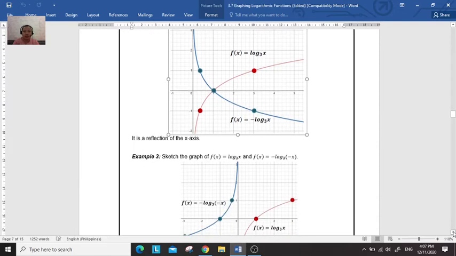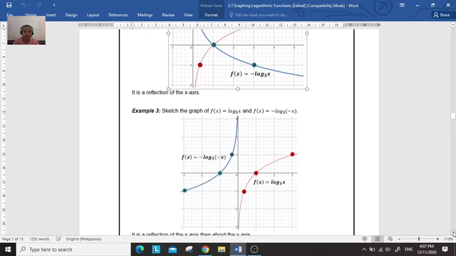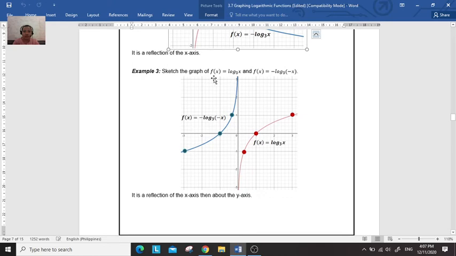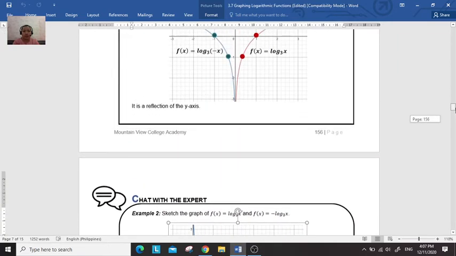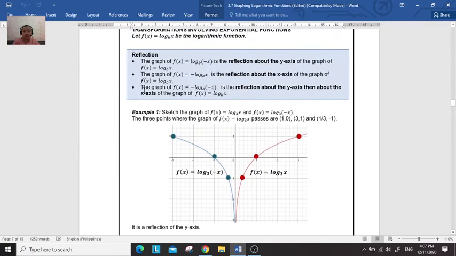Next, let's move to example number 3. Let's sketch the graph of f of x is equal to log x base 3 and f of x is equal to negative log negative x base 3. Based on our third statement, the graph of f of x is equal to negative log negative x base b is the reflection about the y-axis, then about the x-axis of the graph of f of x is equal to log x base b.